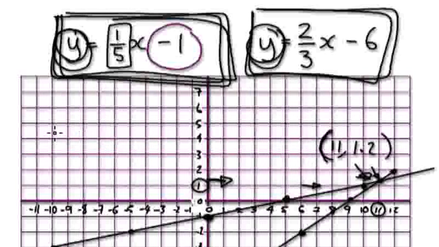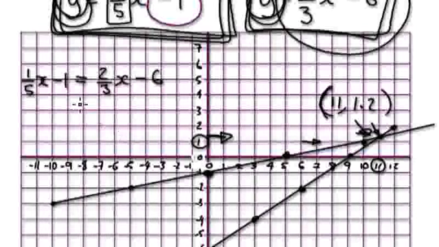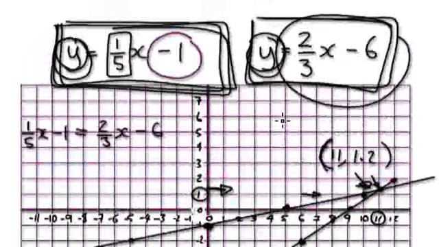So we can actually say 1/5x - 1 is the same as 2/3x - 6.